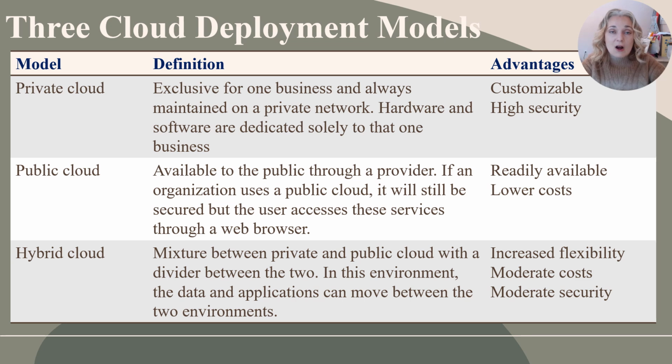Then in the middle of these 2 options, we have our hybrid cloud, and this is a mixture between private and public cloud with a divider between the 2. In this environment, the data and applications can move between the 2 environments, the public and private. The benefits of it are increased flexibility, moderate cost, and moderate risk.